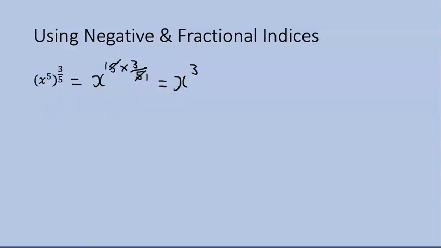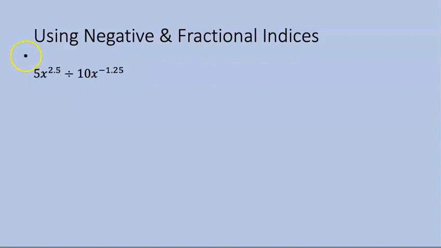If I have a look at the next one, what if I've got decimals and numbers in front? Now, I would do what I do normally, deal with my numbers first, the 5 and the 10. 5 divided by 10 is a half. But now I've got x to the 2.5 divided by x to the minus 1.25.